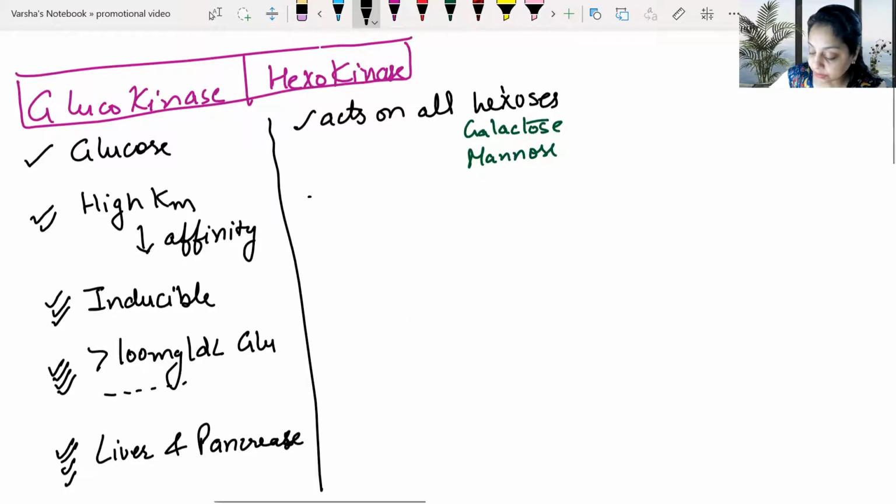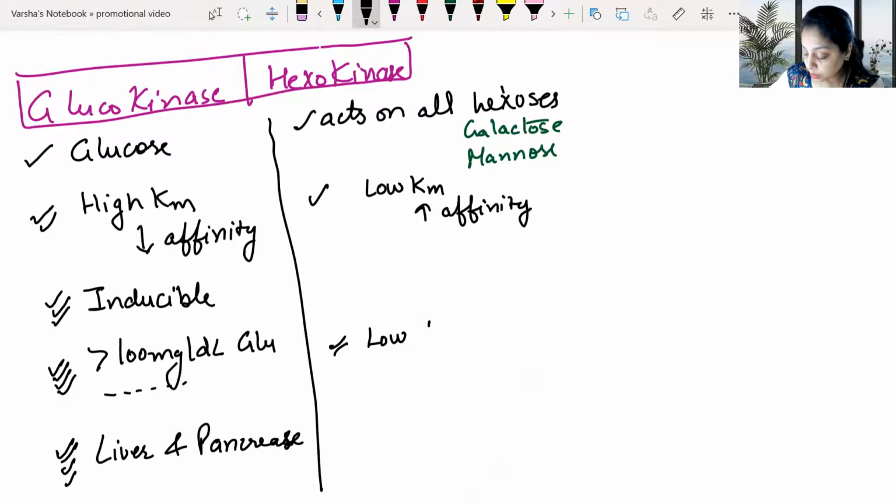Very cooperative, so low attitude. Attitude is Km, so low Km means high affinity, very high affection. It means it works even at low blood glucose.